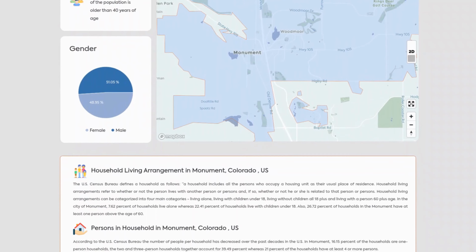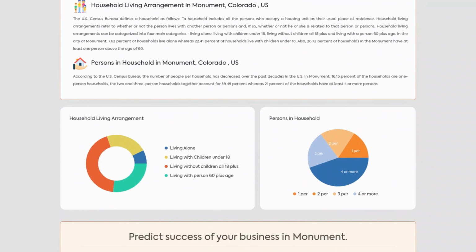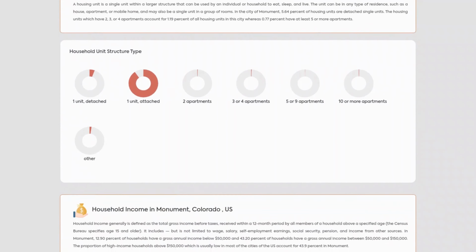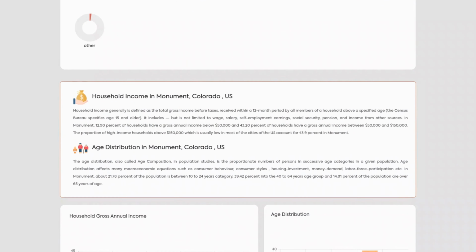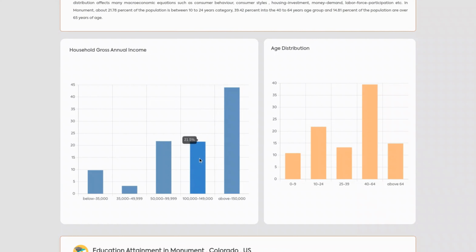So I clicked on Monument, which has the highest household incomes in Colorado, and it gives me this breakdown of information showing that 43% of the households in Monument are above $150,000. Then here's a breakdown by chart.